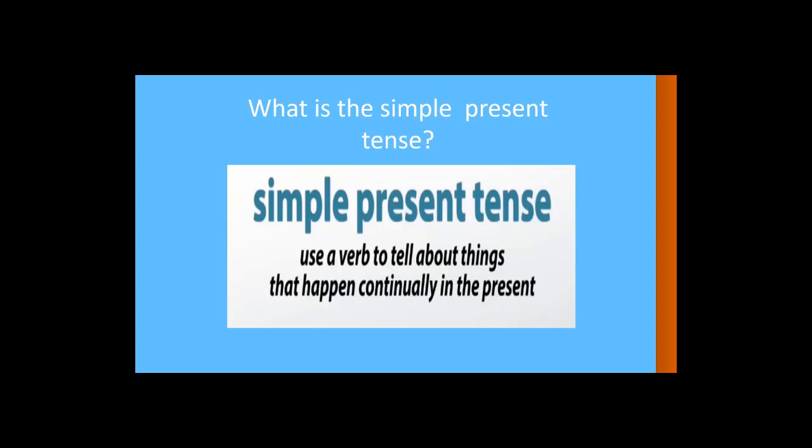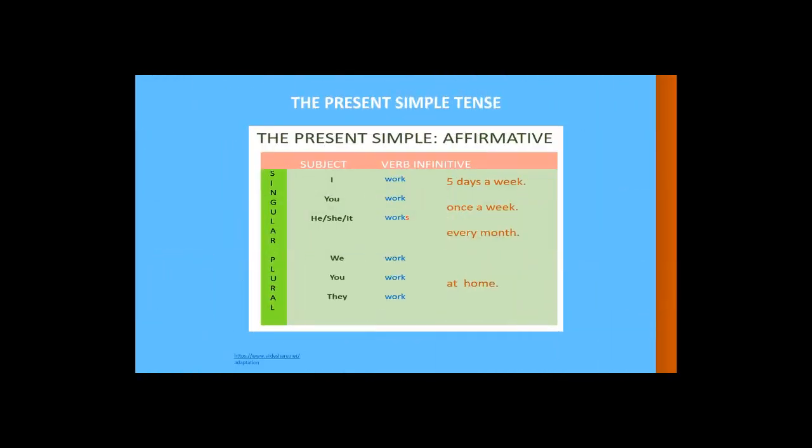And as the lessons go along, you will see we will look at lots of examples of how we would use this. Okay, so looking at the structure of the sentence, the present simple tense affirmative sentence. So this is a positive sentence. So you have your subject.